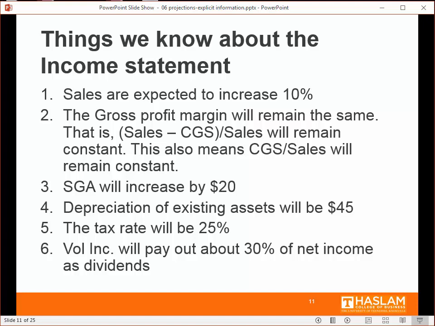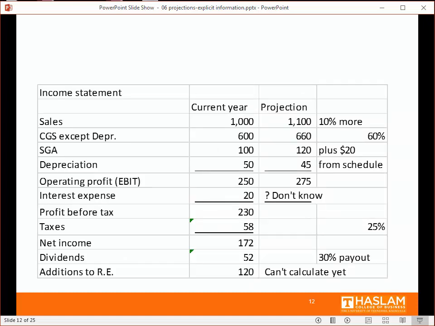Selling, general, administrative expenses are going to have to increase by 20% to support a new plan that we've got going on. Depreciation of existing assets will be 45, and that's basically from the depreciation schedule that we have for the existing assets. Tax rate will be 25%, and we anticipate paying out roughly 30% of our net income as dividends. And based on that information, we can partially complete our income statement.